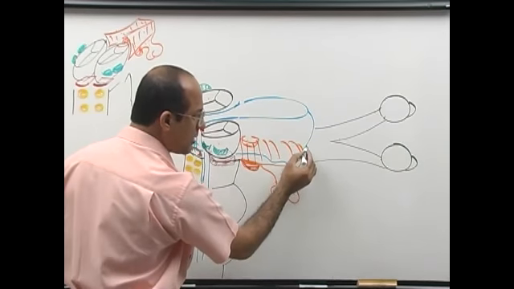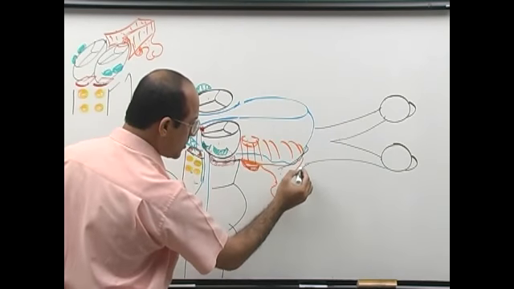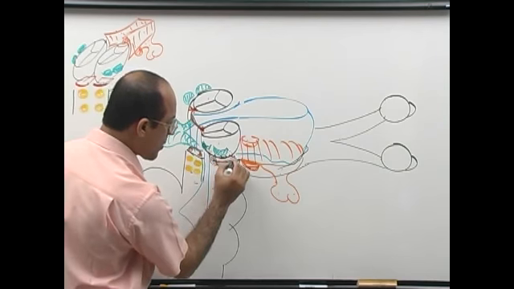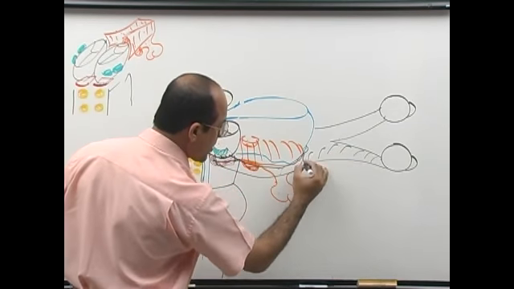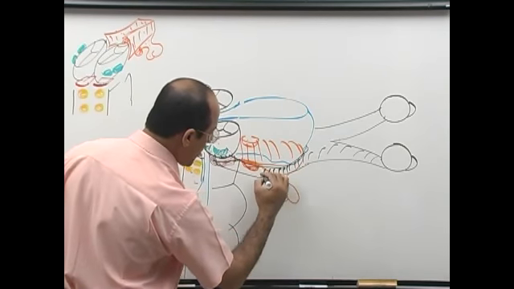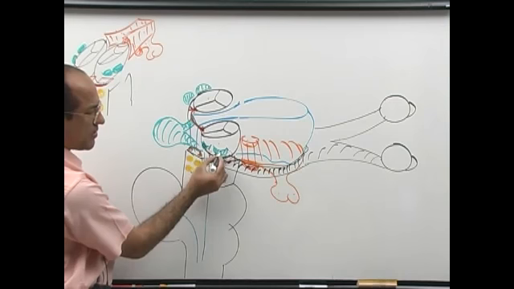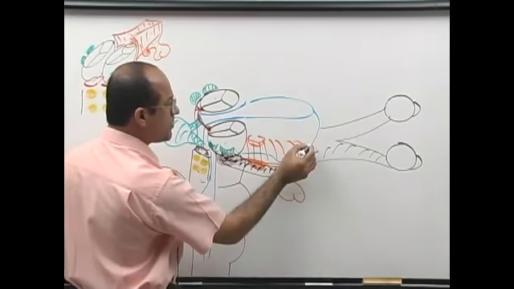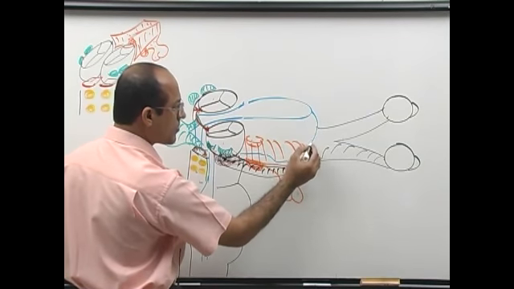In front of hypothalamus, chiasma divides into right and left. It is going to where? Lateral geniculate body. And from there also it will divide.